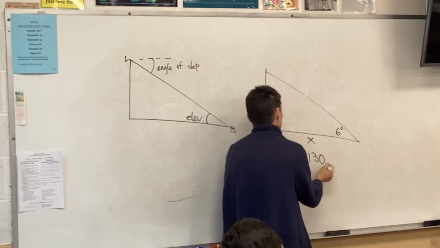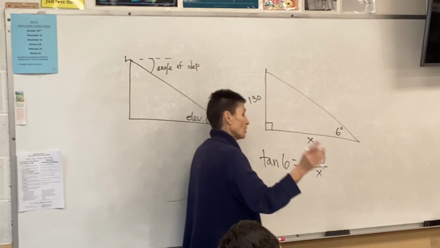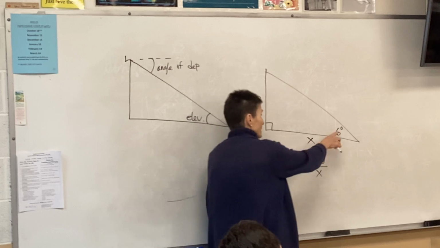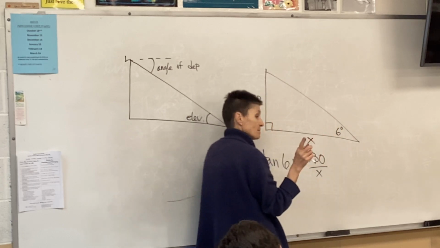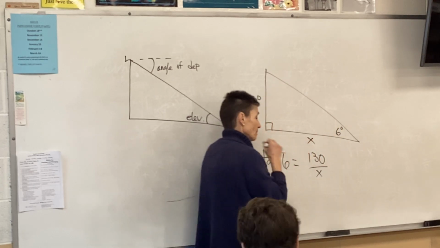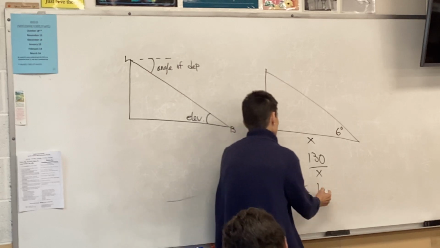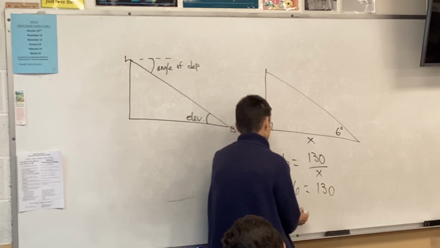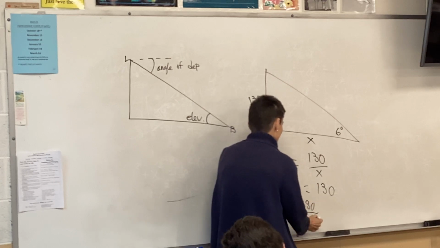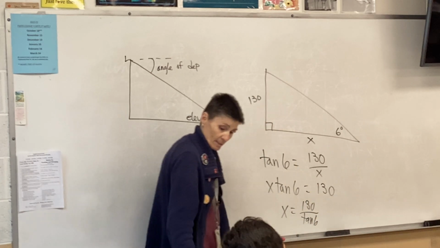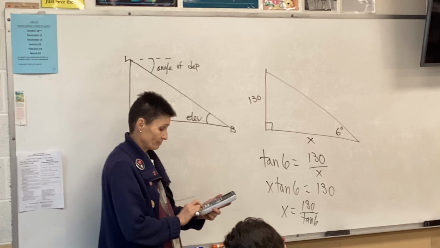Tangent 6 equals 130 over x. Caution, caution, caution. What's the unit on that 6? Degrees. Calculator needs to be set in degrees. So x tan 6 equals 130. So x equals 130 over tan 6. Type it in.